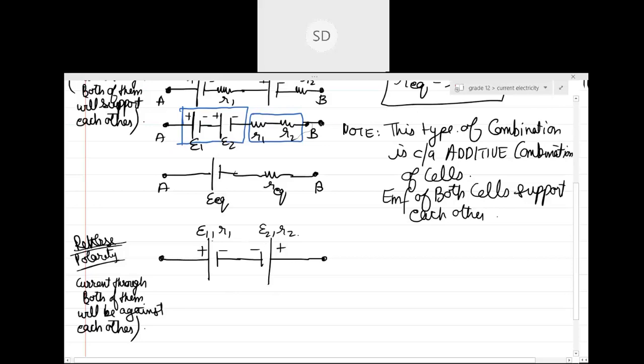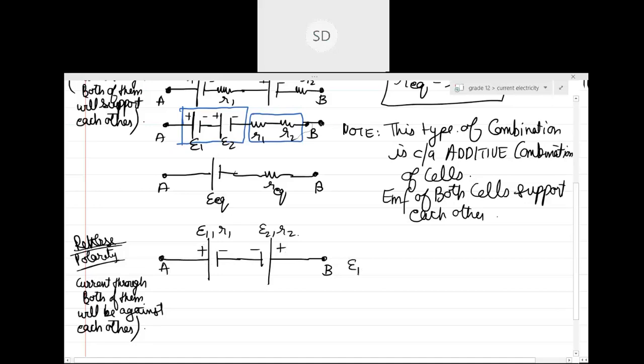Where is E1 trying to send current? E1 is trying to send current towards the left, from right to left, whereas E2 is trying to send from left to right. Who will rule over this? Whichever is bigger.